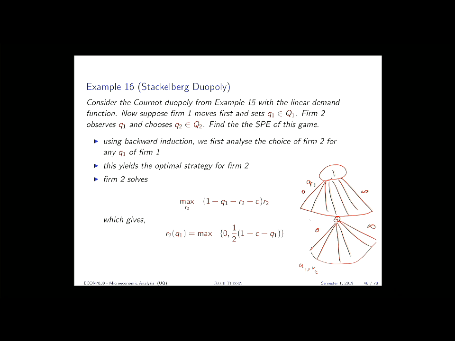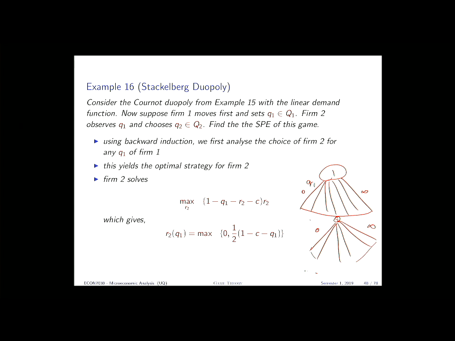Now, if I want to find the SPE, the procedure is somehow similar. I need to use backward induction. What does that mean? I first need to assume that firm 1 chooses a quantity, and now what would be the best response of firm 2?